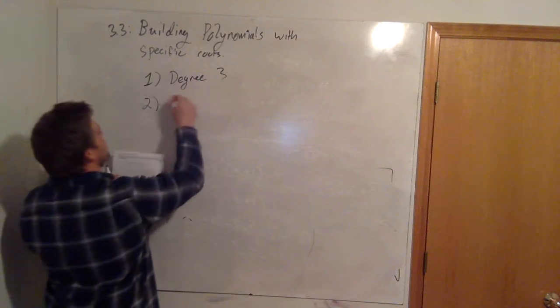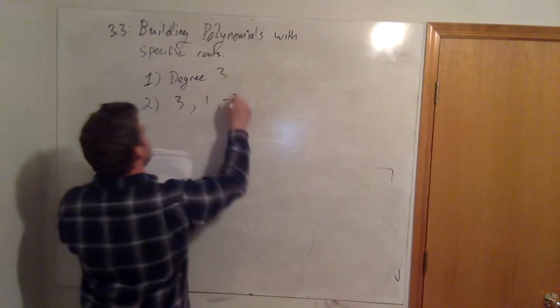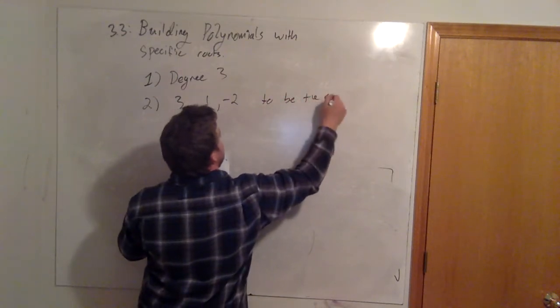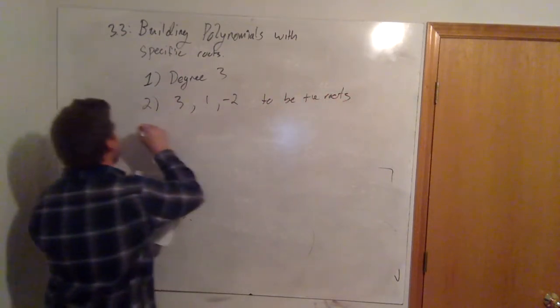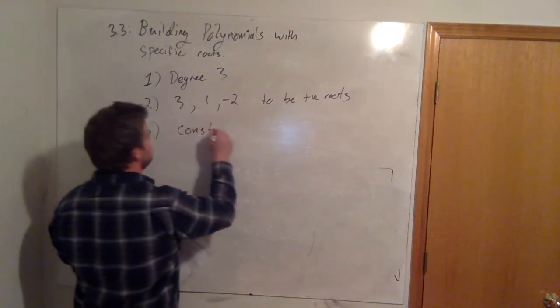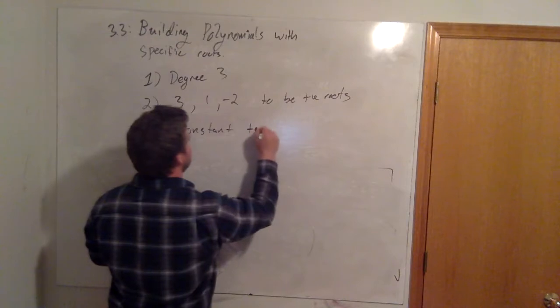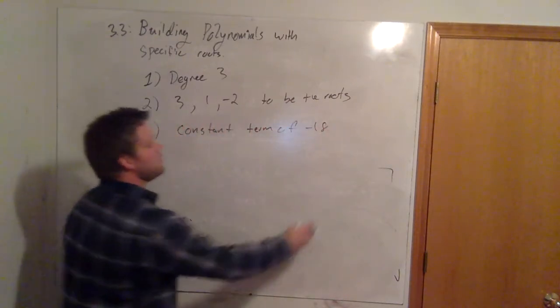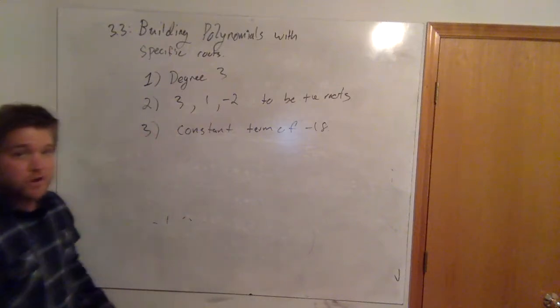Second condition, I want 3, 1, and negative 2 to be the roots of this polynomial. And third, I want a constant term of negative 18. Go ahead and pause the video and try this out on your own.